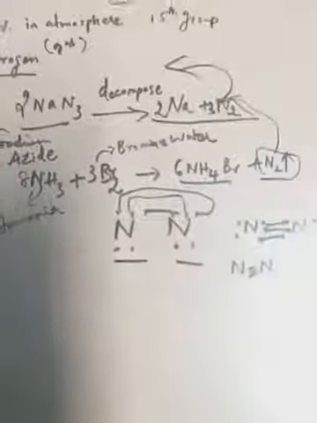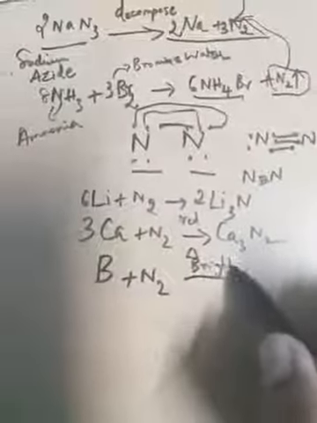Next we are going to see how nitrogen reacts with various other elements such as lithium, calcium, and boron. If I add lithium with nitrogen, I will get lithium nitride. This is the balanced equation. If I add calcium with nitrogen and give heat, calcium nitride is formed.